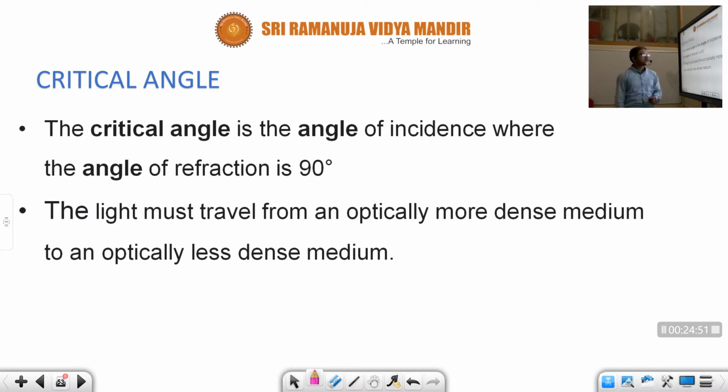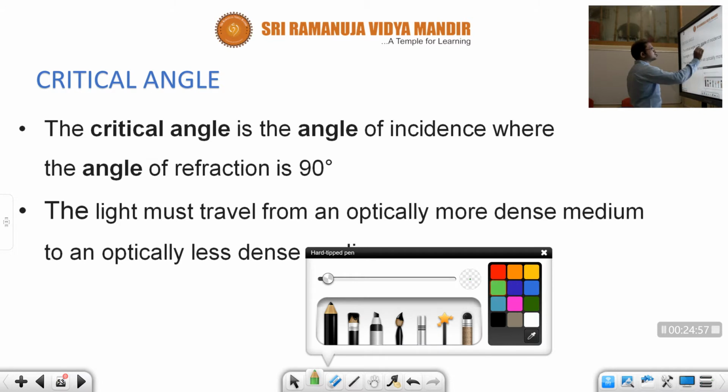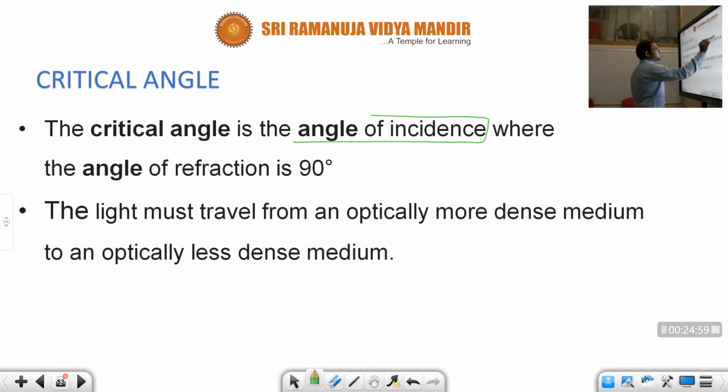Children, critical angle is the angle of incidence where the angle of refraction is 90 degrees. Fundamentally, it is some angle of incidence. Angle of refraction 90 means angle R is equal to 90 degrees.